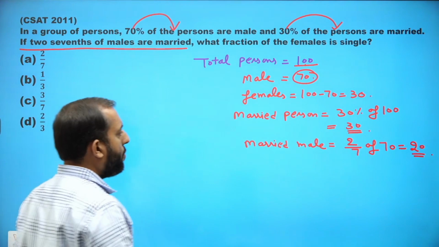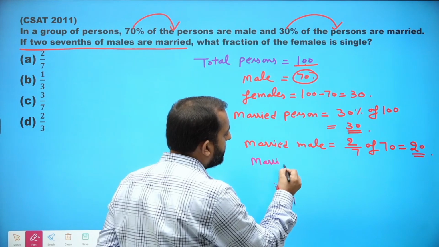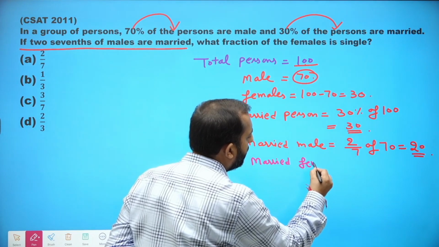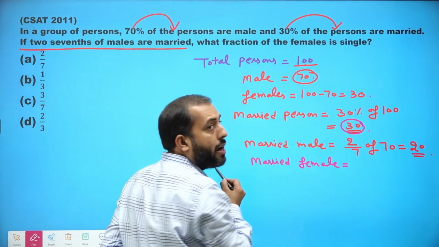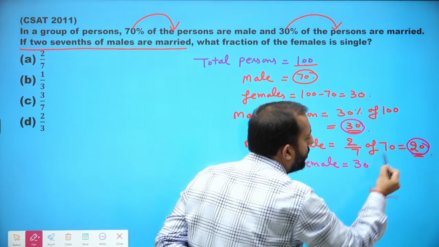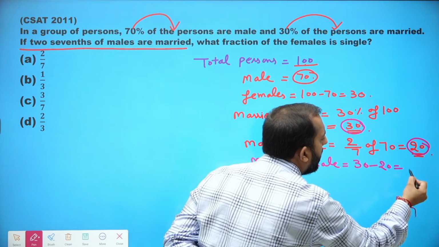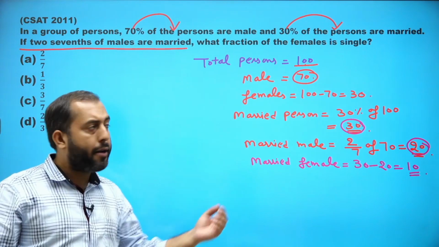Okay, so married females we can count very easily now. See, total married people are 30. Married males are 20. If we subtract them, I'll get the count of married females. So 10 females are married.